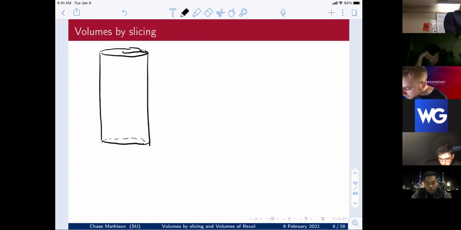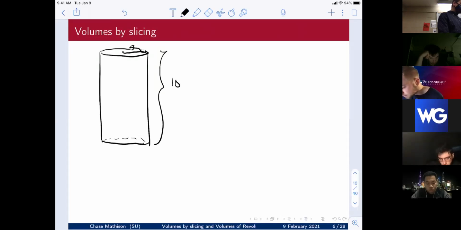This is r equals 3, and this is 10. There we go. I'm going to cut this up into 1,000 pieces. Now for us, each piece is going to be very thin. I'm going to look at what happens if I cut this like this.